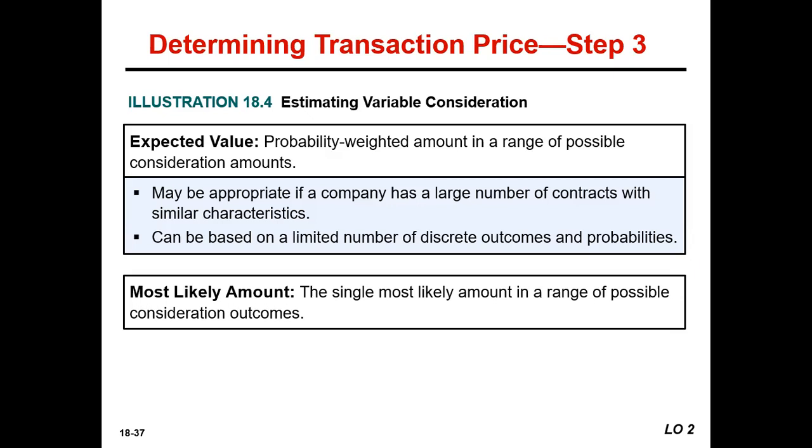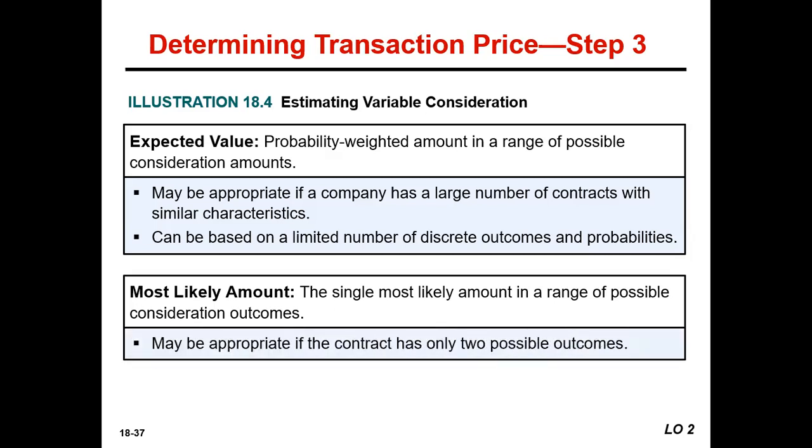So if there's only one contract, this probably cannot be applied. Most likely amount is the single most likely amount in a range of possible consideration outcomes, and may be appropriate if the contract has only two possible outcomes, unlike the expected value.